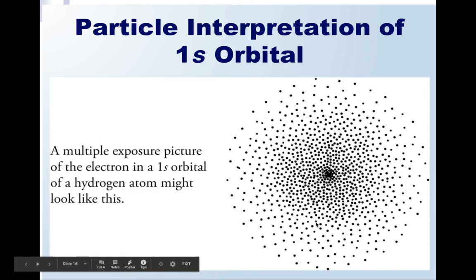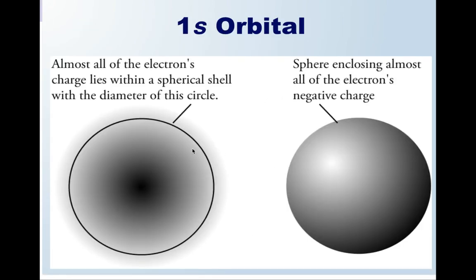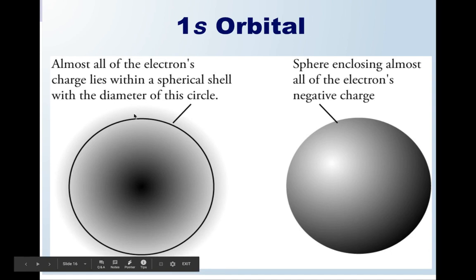If we know its position, we don't know where it's going. If we know where it's going, then we don't actually know its position. So again, we take that map and we put it into a shape that we would consider to be this cloud region or orbital, and that would be the S-shaped orbital.